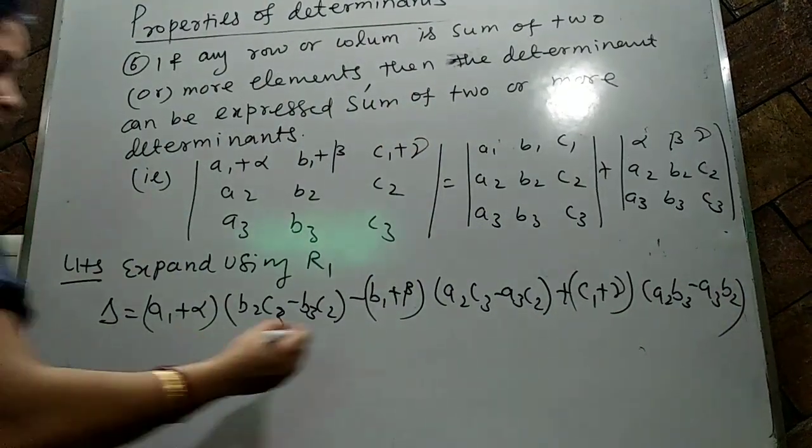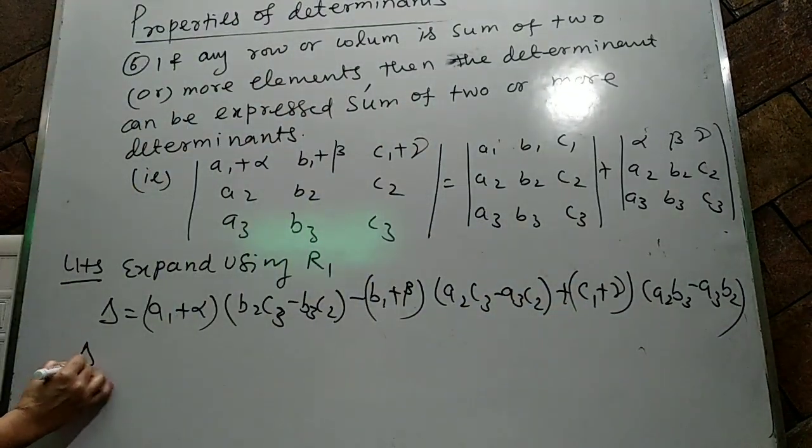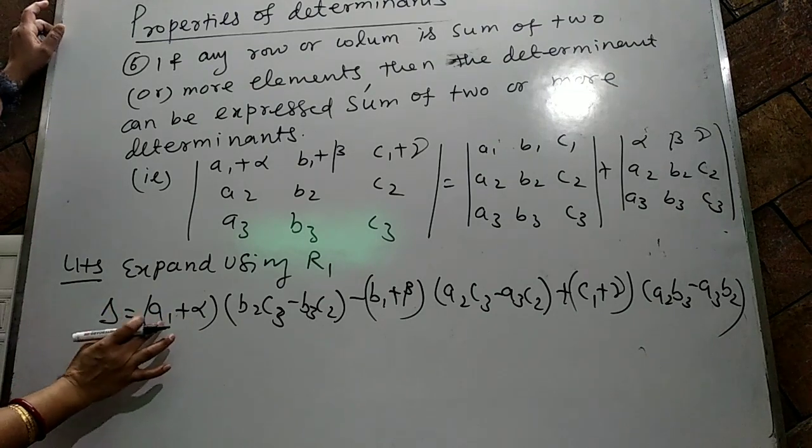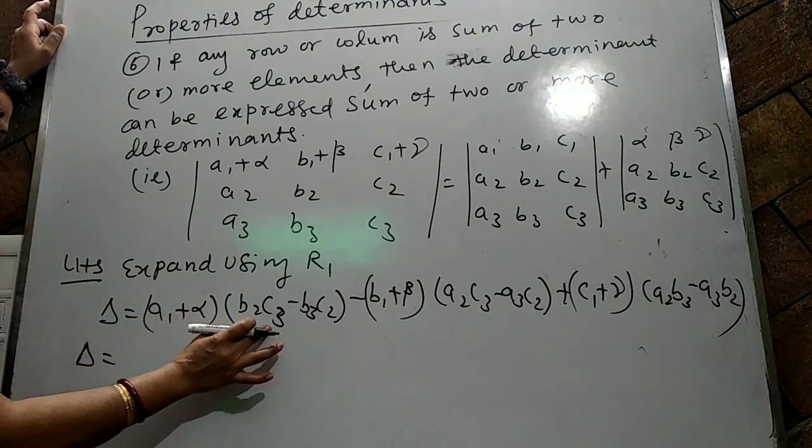Now I'm splitting it. Listen better: A1 into this plus alpha into this.